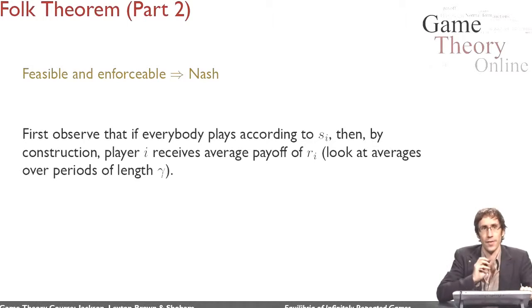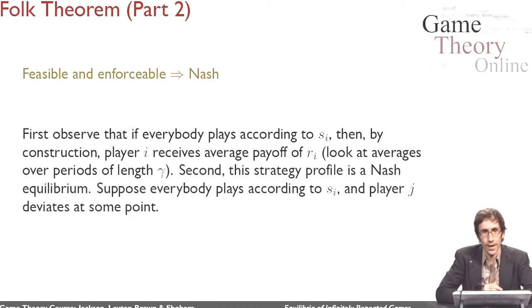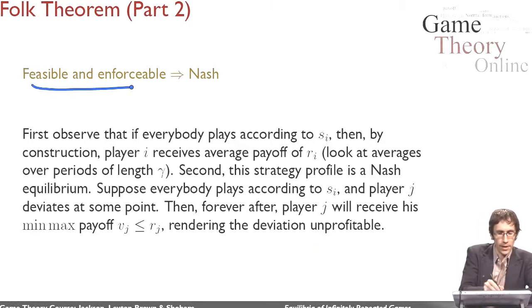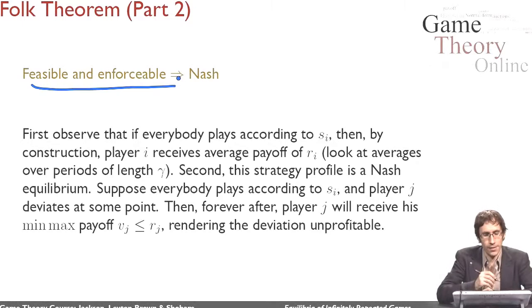What remains to show is that this is a Nash equilibrium, that nobody can gain by deviating. And indeed, I claim that it is. To show that, let's imagine that everyone else is playing according to this strategy, and some player j deviates at some point. Then for all time after that point, player j is going to get his min-max payoff. That renders the deviation unprofitable, because we've assumed that this payoff profile is feasible and enforceable, which means he was already getting at least his min-max value.